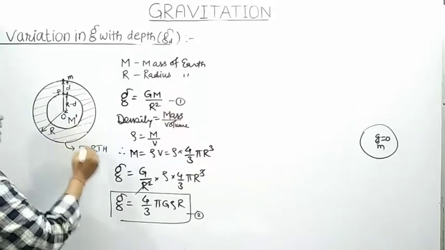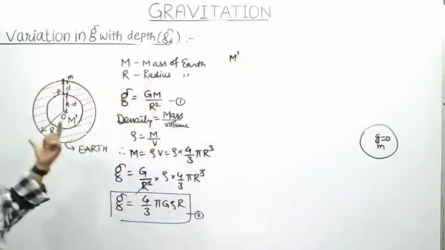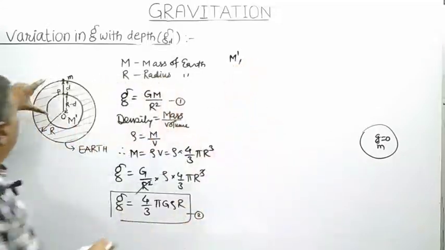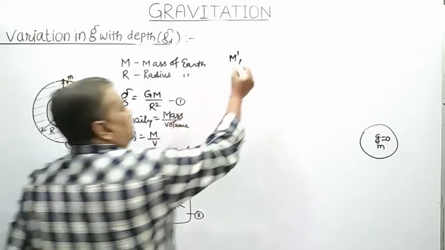And if I say M dash is the mass of the inner sphere, see here, this total distance is R, radius of earth. This is depth d, total distance R, so what is the radius of the inner sphere? It is R minus d.